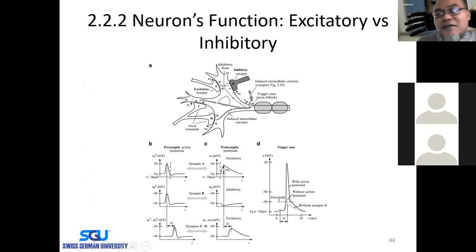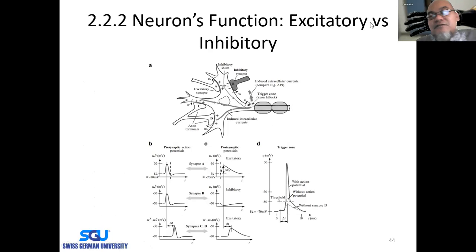In neuron function, we know either excitatory or inhibitory function. In excitatory function, the particular signal will be amplified so that it will get excited easily in the trigger zone.